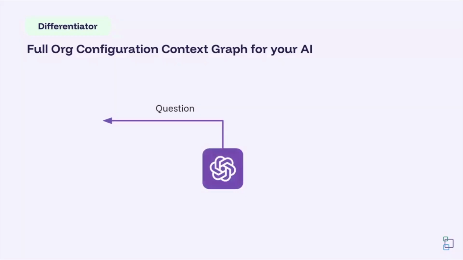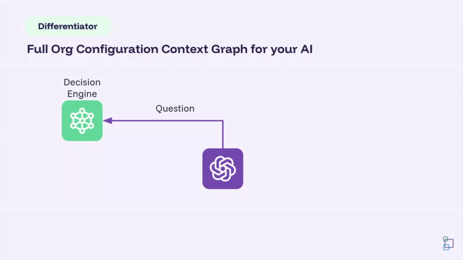So in the same vein, when you start a question, rather than your coding agent or AI trying to pull the files itself and reason, we have our own agentic decision engine, where we look at configuration context in our graph database. We pull the right metadata, the right relationships, and the right metadata files.